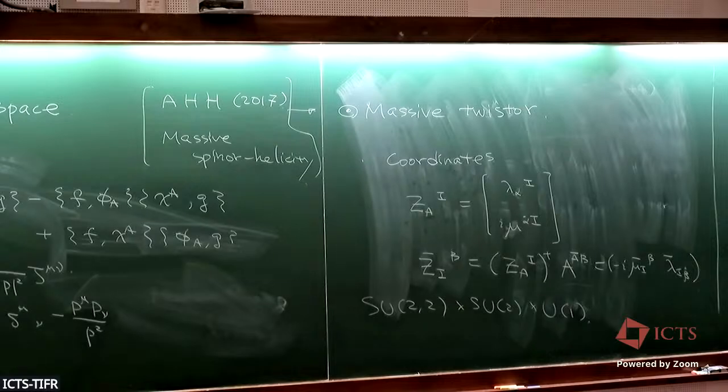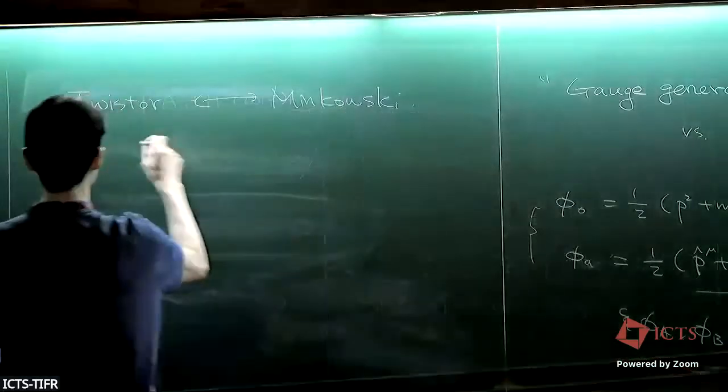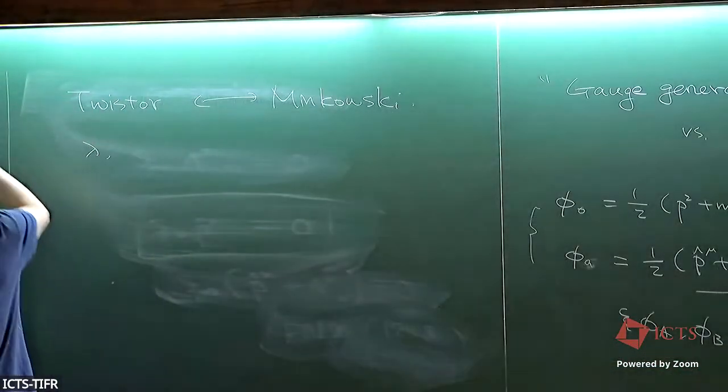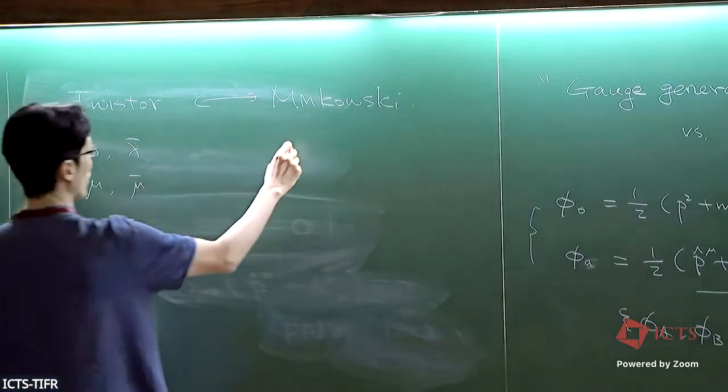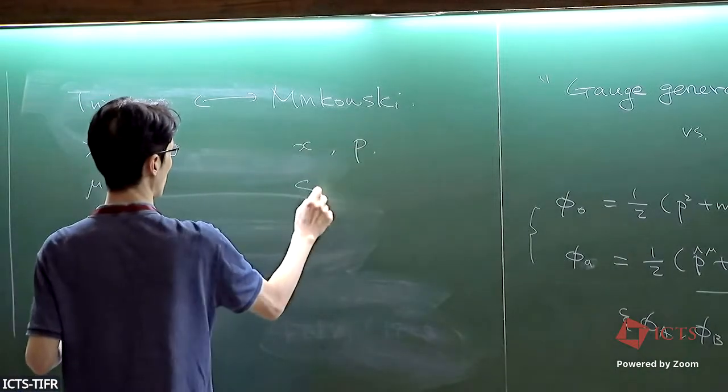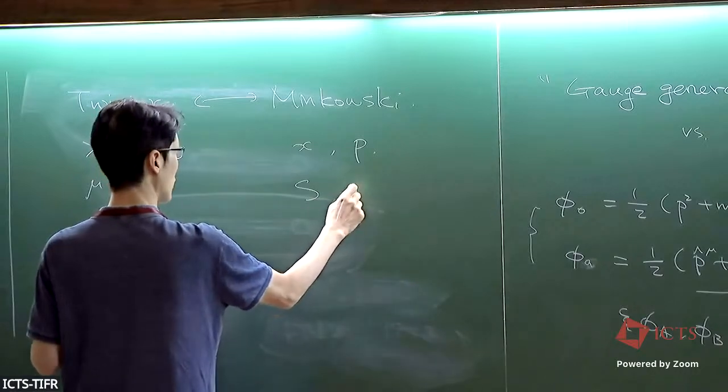Yeah, so we want some map between the Twistor space and the Minkowski space. On this side, we have these variables, lambda, lambda bar, mu, mu bar. Here we have x, p, and s, and lambda.